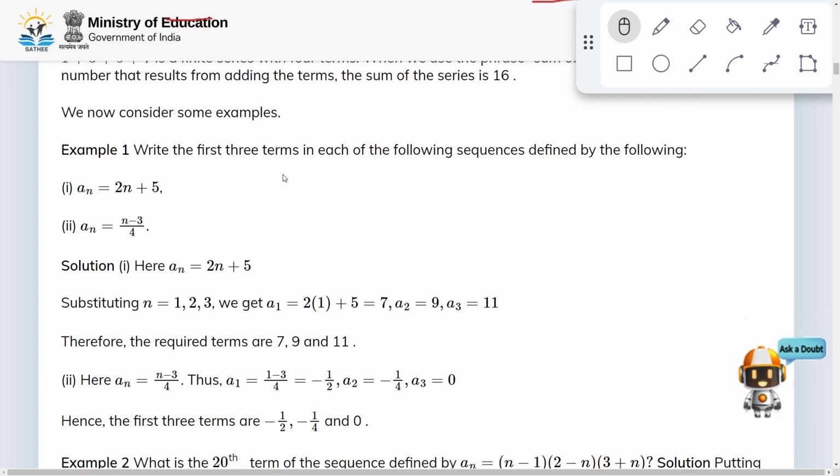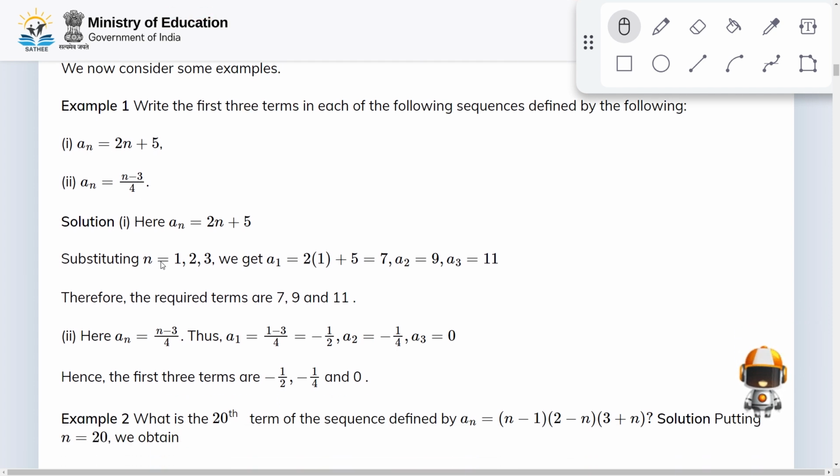Let's see some examples to understand better. Write the first 3 terms of each of the sequences defined by a_n equals 2n plus 5 and a_n equals (n minus 3) by 4. You have to use n equals 1, 2 and 3 for the first, second and third terms respectively.